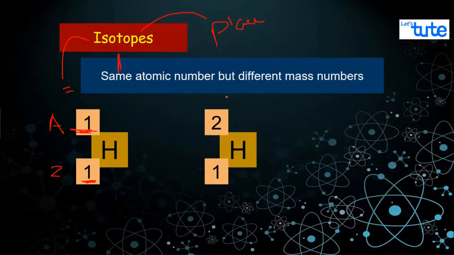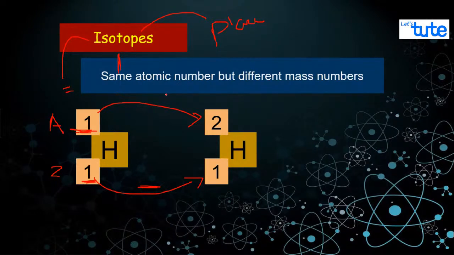This is also an isotope of hydrogen, but now you can see the atomic mass is changing. The number of protons, the atomic number, is the same, but what is changing is the atomic mass.